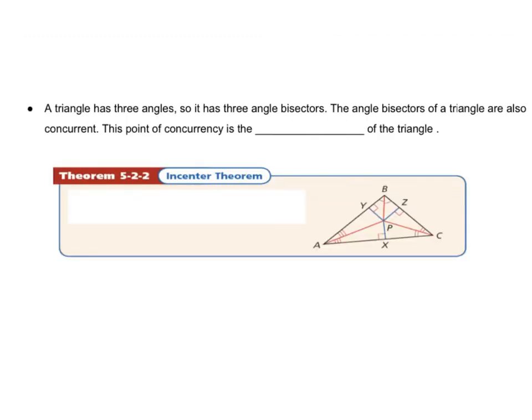All right, now we have another definition. This definition is the in-center. A triangle has three angles, so it has three angle bisectors. The angle bisectors of the triangle are also concurrent, and the point of concurrency is called the in-center.